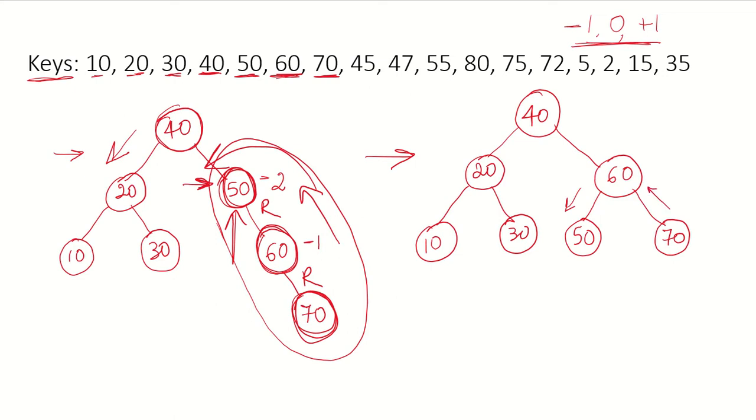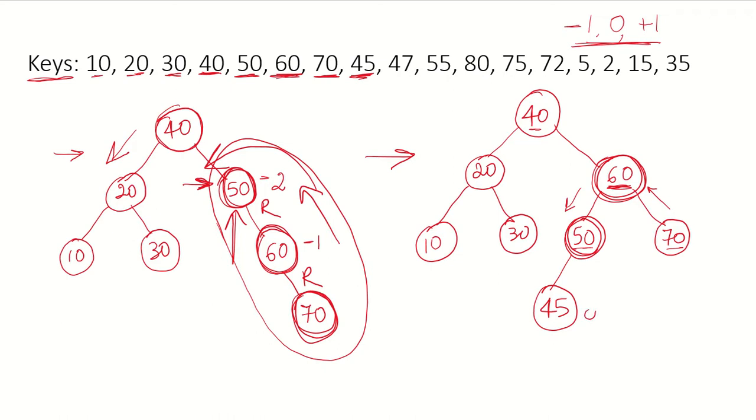Again you see the median value is 60, which has come in the center with the other values on either side of it. Our next value is 45, which is greater than 40, less than 60, less than 50 also. So it will come as a left child of this node 50.